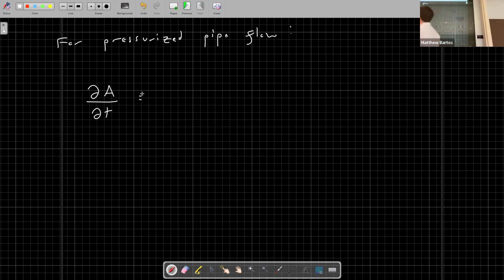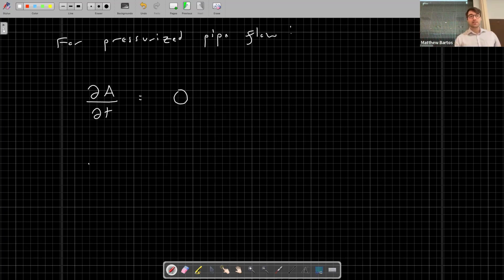Remember that this refers to the change in volume of the fluid within our control volume, the change in the cross-sectional area with respect to time. So what does this term equal? Zero, right? The pipe is always flowing completely full, so the change in the volume within the pipe is always going to be equal to 0.